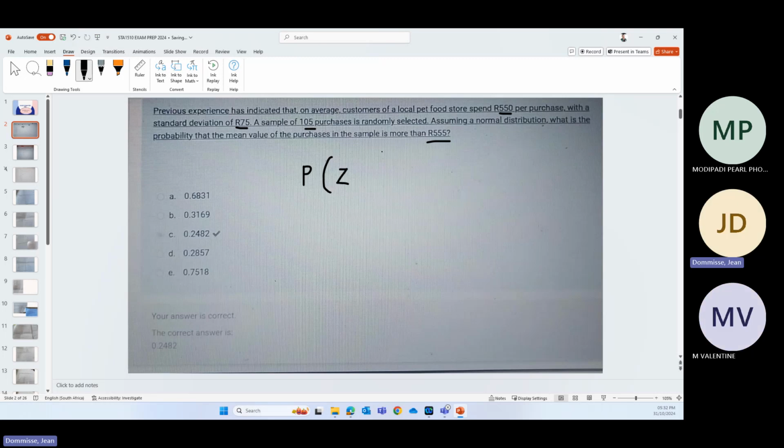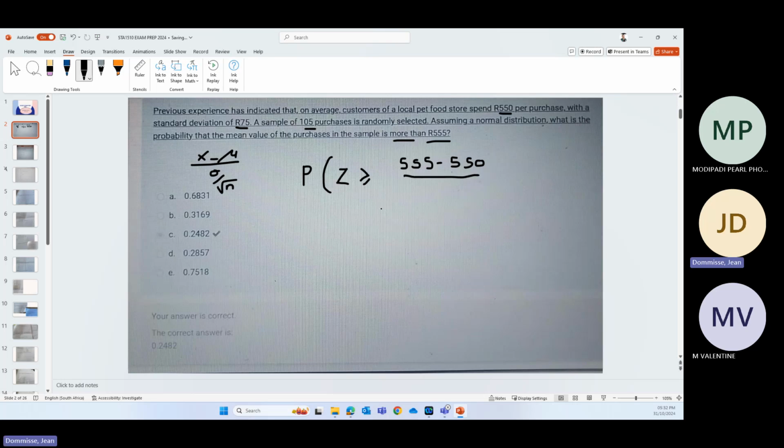So the probability more than, so bigger or equal to, 555 minus 550. Remember that is your x. So that's the formula that we are after.